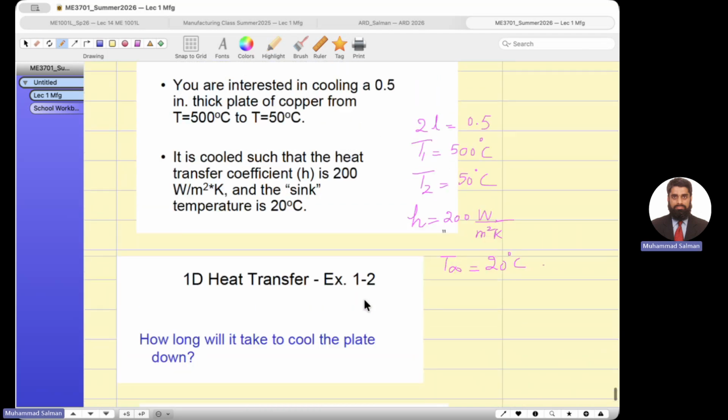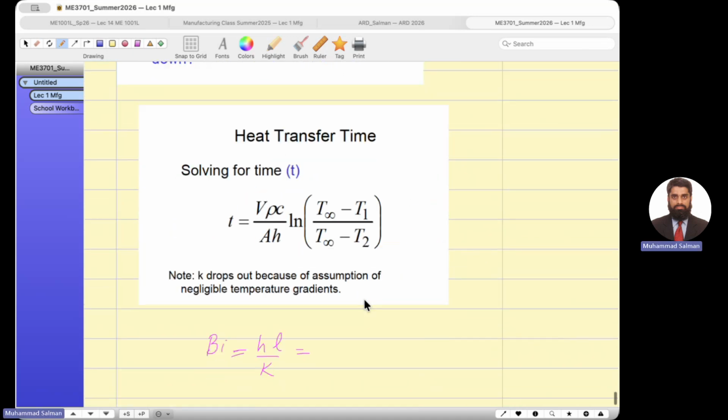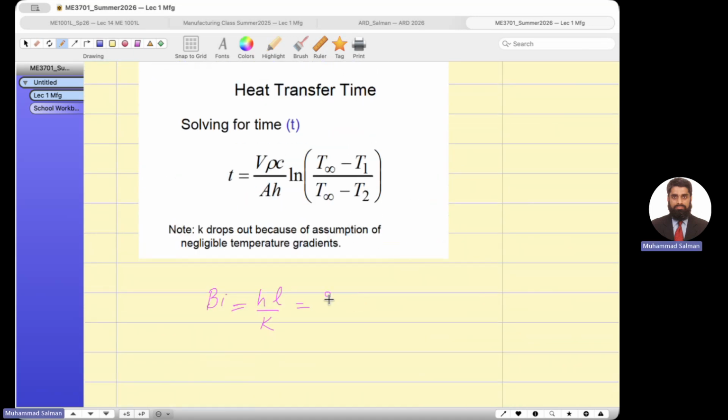How much is h? 200. L is how much? 0.5 divided by 2.